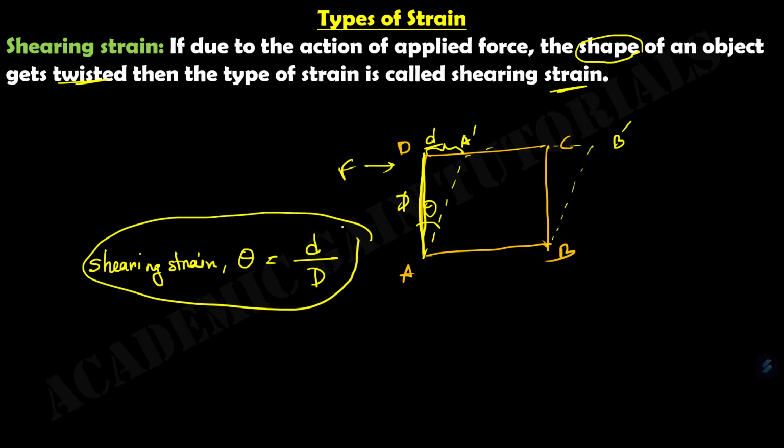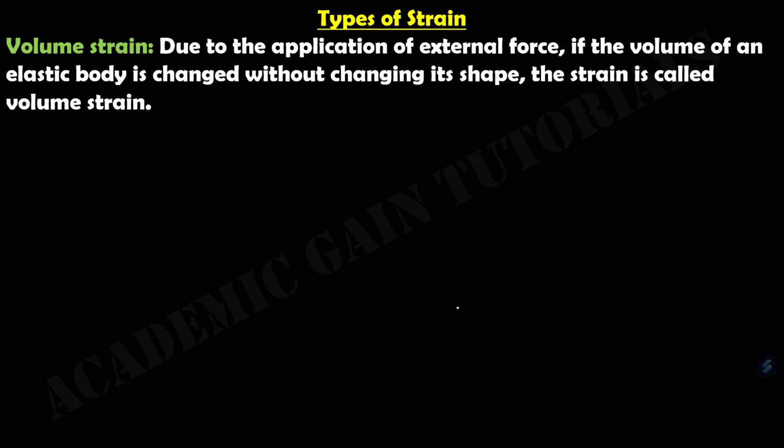Now coming to the next one, which is volume strain. It says that due to the application of external force, if the volume of an elastic body is changed without changing its shape, then the strain is called volume strain. Suppose this is an object, and the volume of this object is capital V, and we apply some external force on this object.